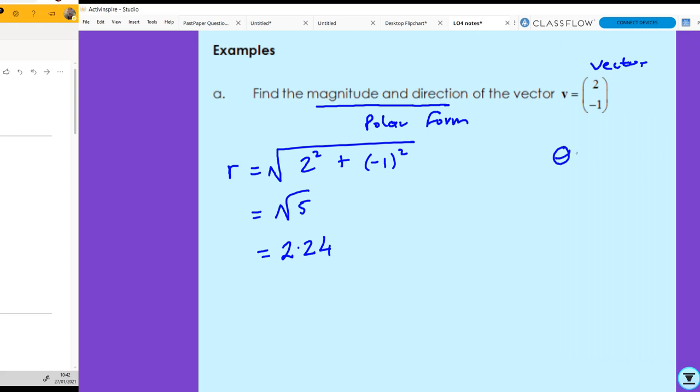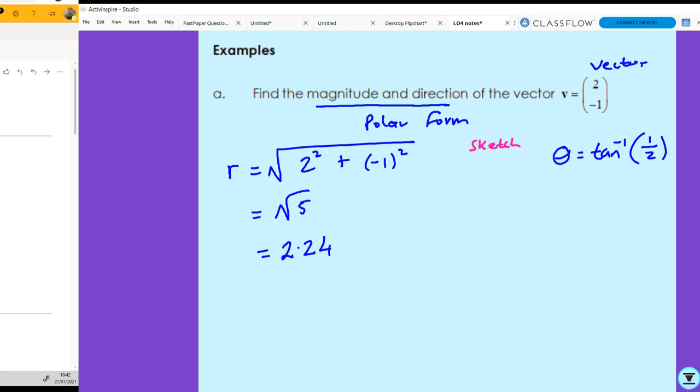To work out the direction, it's the inverse tan of the y component over the x component. However, negatives should never be used when you're using the inverse of tan here. So in other words, you use the 1 over the 2. But before I put this in my calculator, I did say you should do a small sketch.